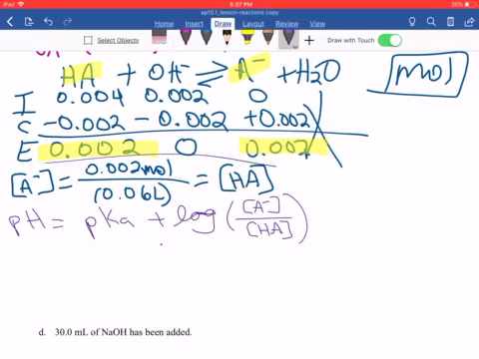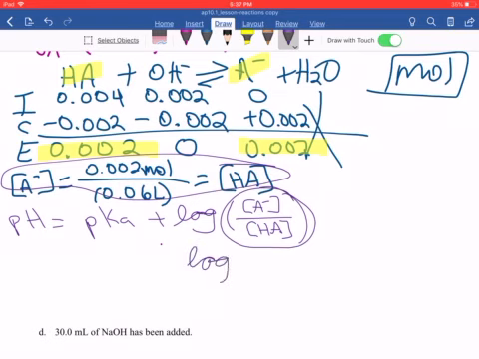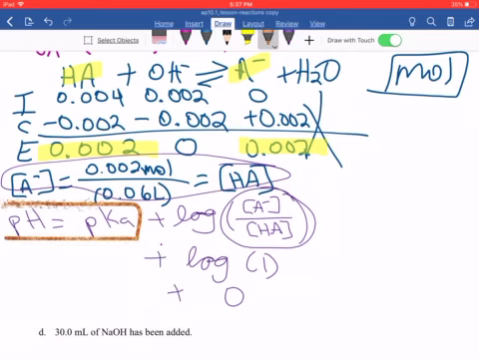Whenever those are equal to each other, that expression just cancels out to 1. And the log of 1 on your calculator is just 0. So we're really focusing on only this part. pH is equal to pKa, because when those two concentrations are equal, they divide out to 1, and the log of 1 is 0.